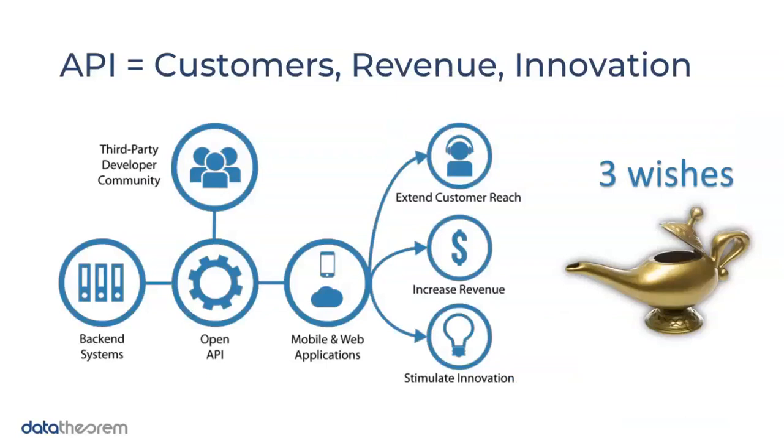And so ultimately, if you give a business person 3 wishes, particularly when they're leveraging software, these are the classic 3 wishes they wish they had. You know, reaching your customers better and further, increasing revenue, and making innovation happen much faster. And as a result, the mobile application experience combined with a modern web application experience is really the crux, or the interface, at which these 3 wishes come true.